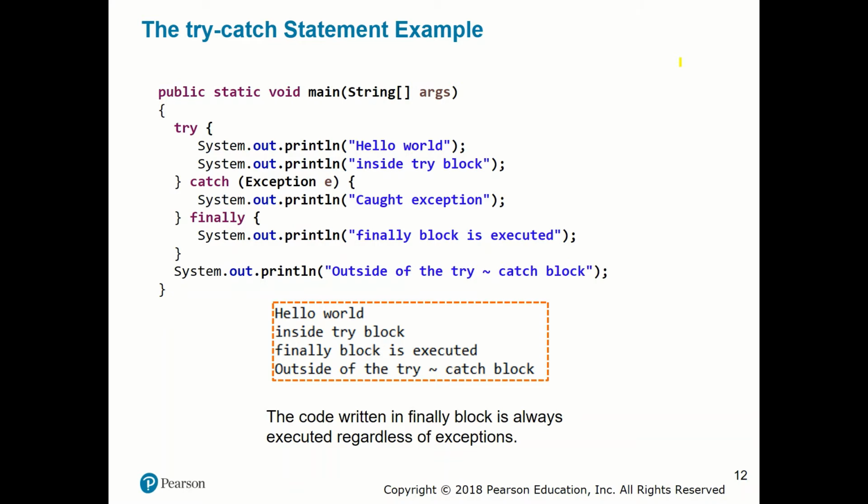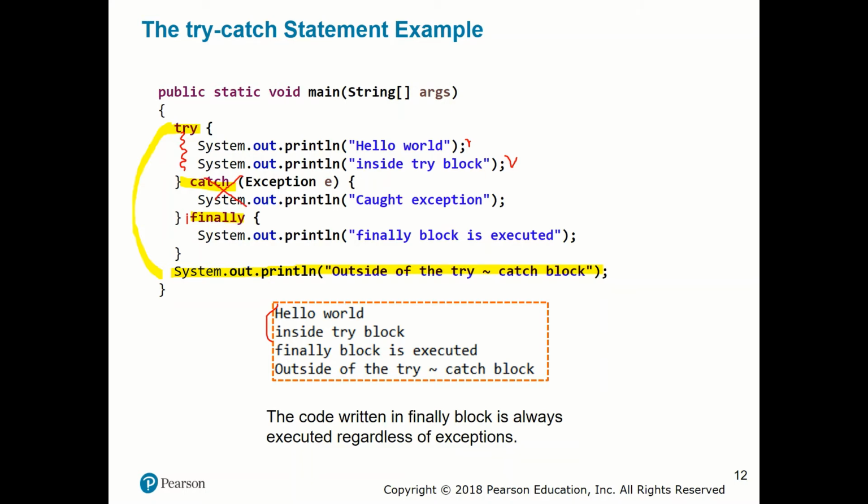This example includes a finally block. So here, try catch finally. And this line is not related with the try catch statement. So if we run this code, then the try block will be executed and there is no exception. So these two lines will be printed out like this. And there is no exception, so the catch block will be ignored.